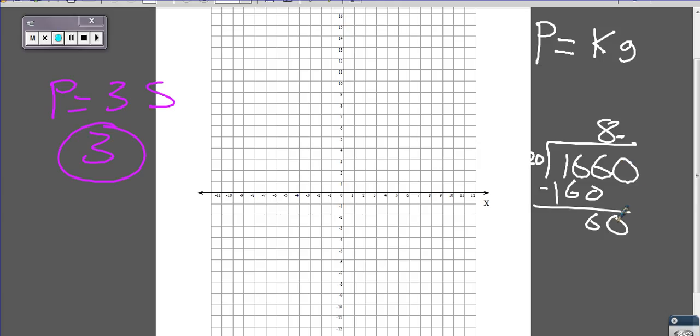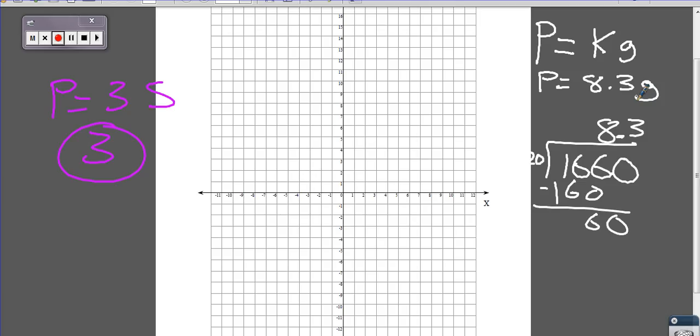That means if I add a decimal, add a 0, bring the 0 down, how many times does 20 go into 60? 3. Now I found my constant, 8.3. Each gallon weighs 8.3 pounds. So that's P equals 8.3 times G for gallons. Got that? Easy enough?